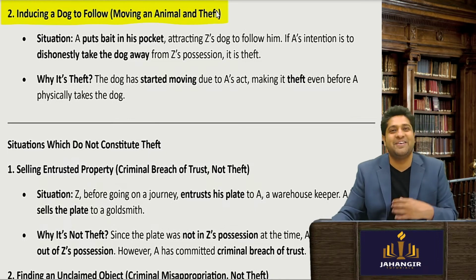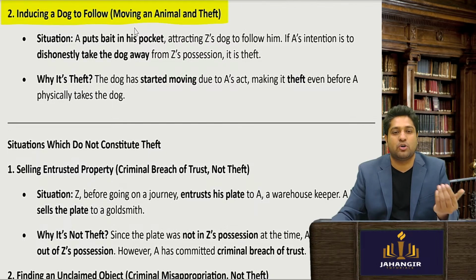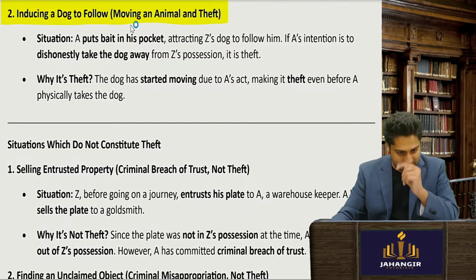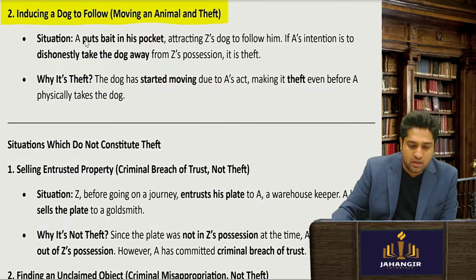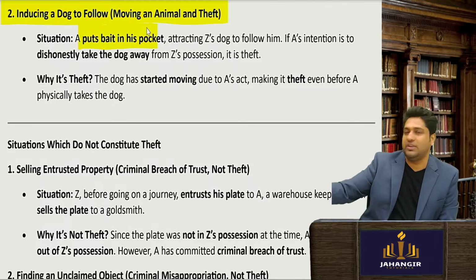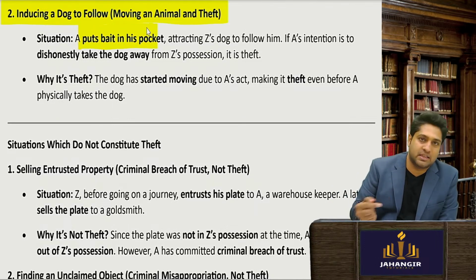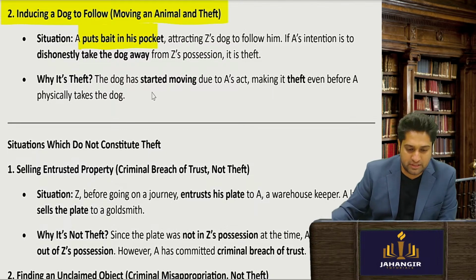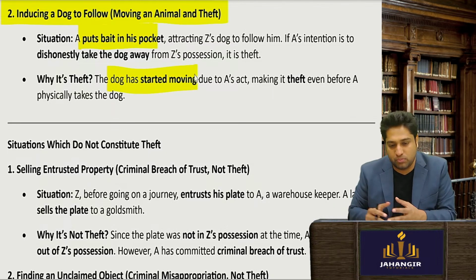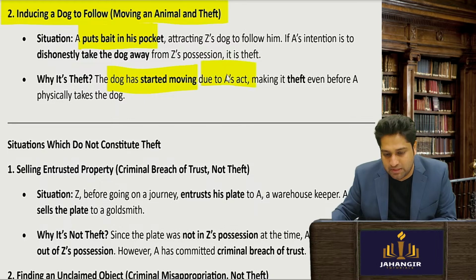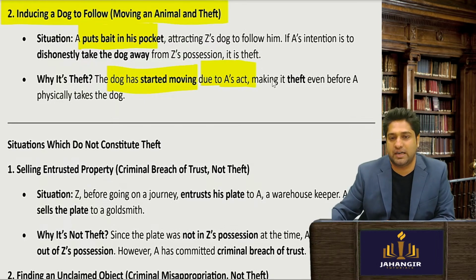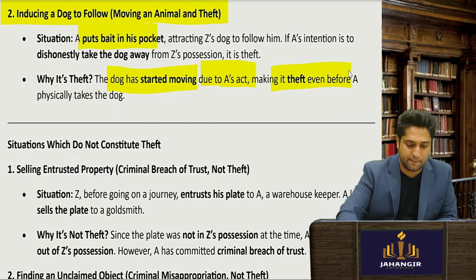Okay. Now the next is inducing a dog to follow. Now understand one thing. As we saw, we give food to the animal, it comes behind me, it is still considered to be stealing. Why? Because the dog started moving due to the person's act. It will be treated as if the theft was done.